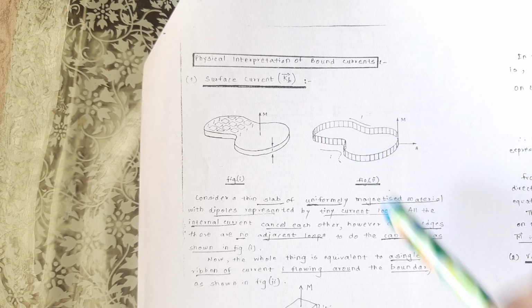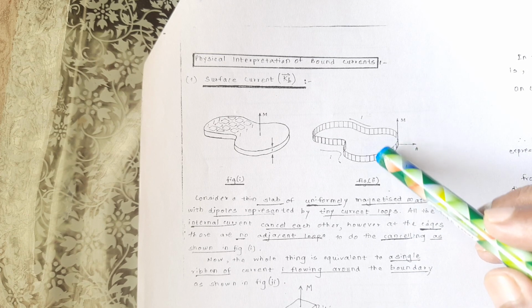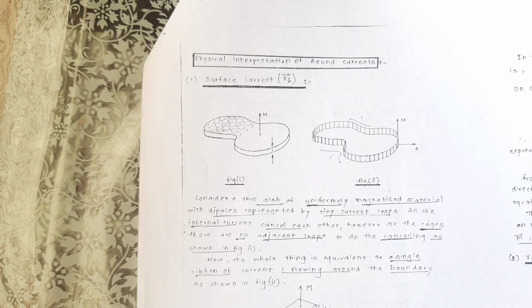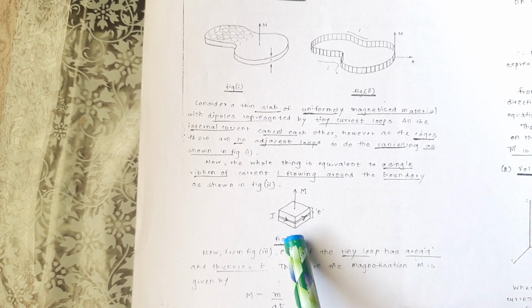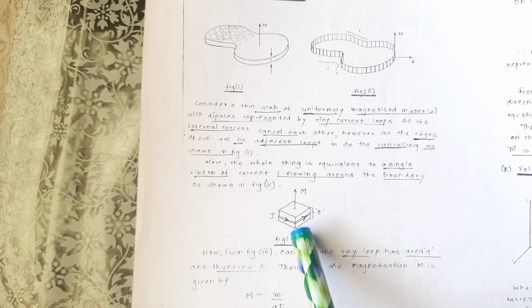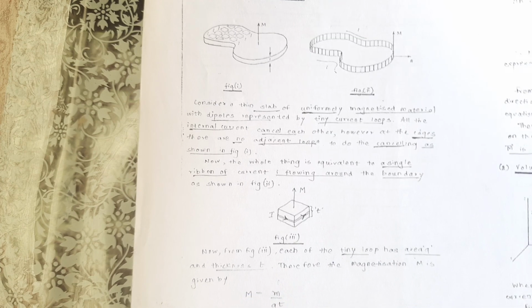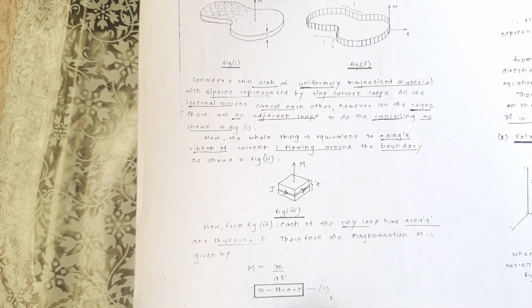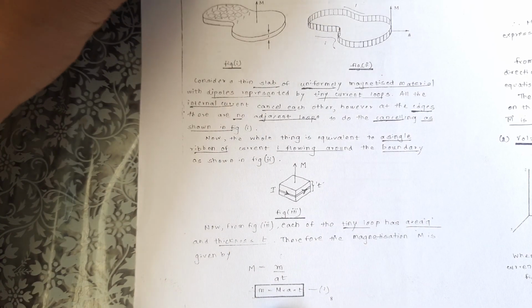Now here, in figure 3, each of these tiny loops has area A and thickness T. Therefore the magnetization M bar is equal to m upon AT, or we can write small m is equal to capital M into AT.